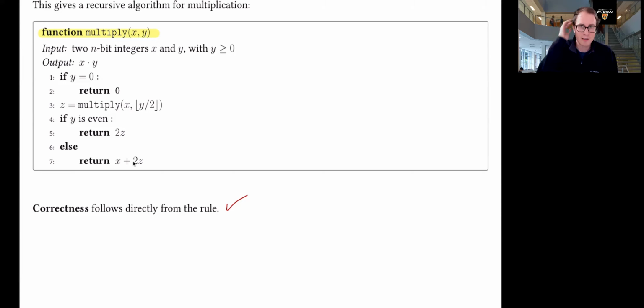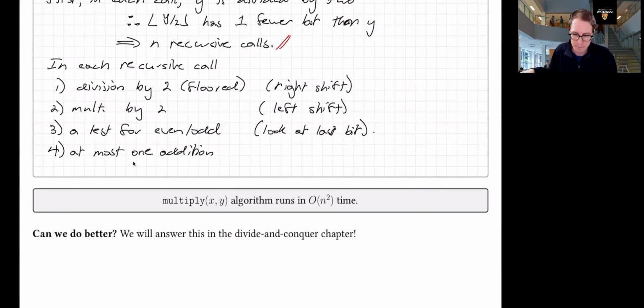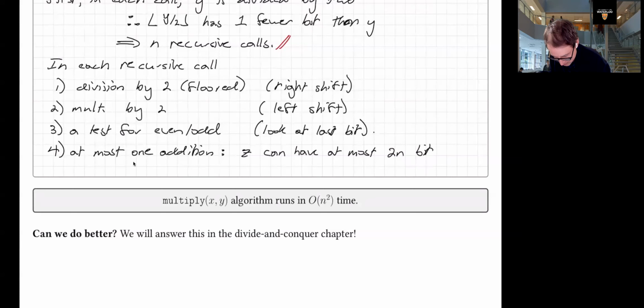Maybe think about that for a second. It can be at most 2n bits, so z can have at most 2n bits. And so you're adding an n-bit number and a number that's at most 2n bits, so this operation is big O of n. And since we do n recursive calls, and each one we have to do an addition, which is big O of n, the overall algorithm runs in big O of n squared time.